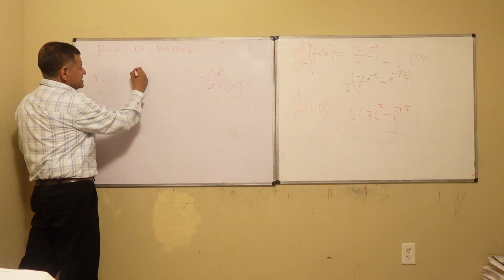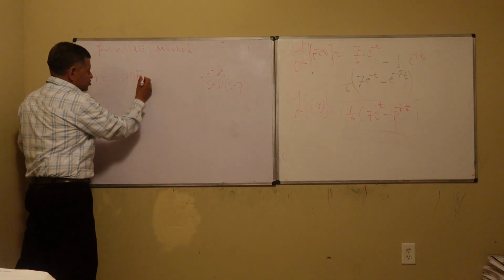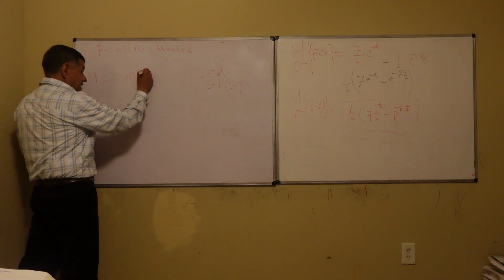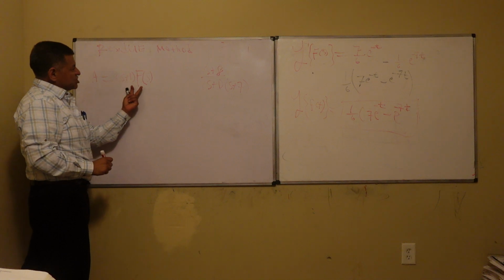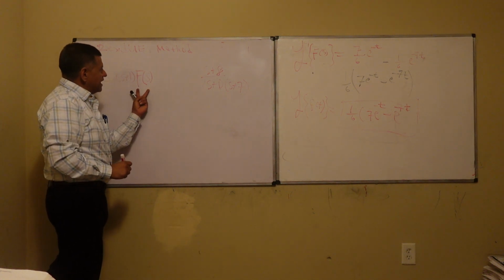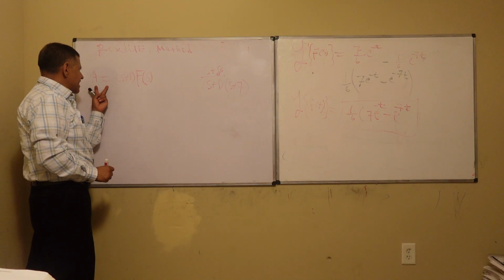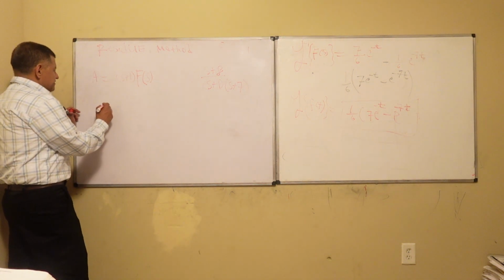Now the Laplace, I have this, right? So F of S, because I have this expression which is given to me in the Laplace domain, so I need to find A, right? So what is the method? The method for A is the following.